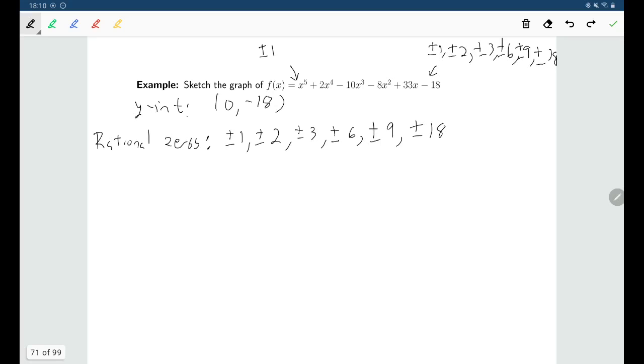At most 5 of them could be zeros, and potentially even fewer. So we'll start by checking with the easiest ones, 1 and negative 1, then move our way up to 2 and negative 2, 3 and negative 3, and then hopefully we won't have to get all the way down to these very last ones. But if we do, then so be it. So we'll start off with whether 1 is a 0 for our given polynomial.